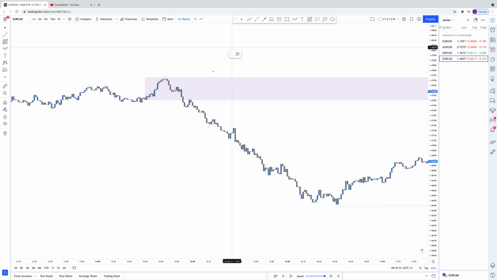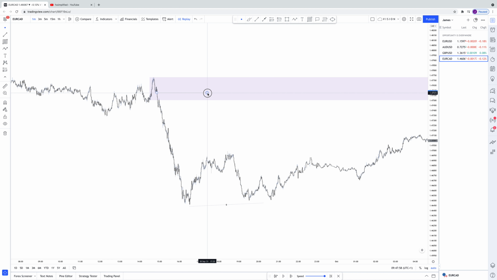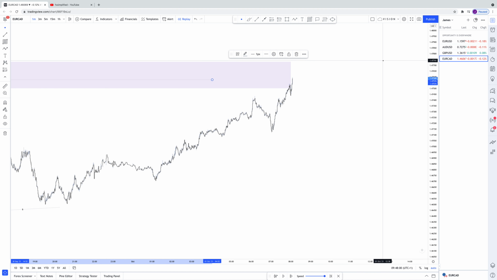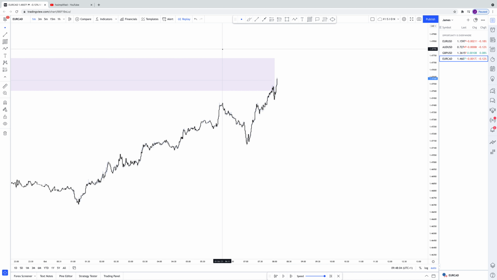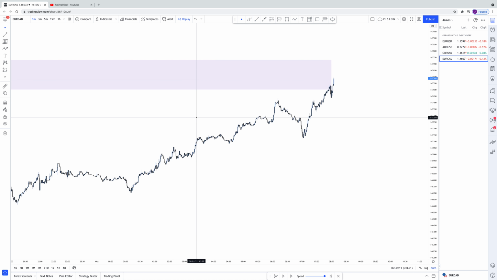So what I would do instead is just mark it on and take that to current price, and you can see that is essentially what price comes in to mitigate. We go just above it, and then this is actually when price does come down to sell off.